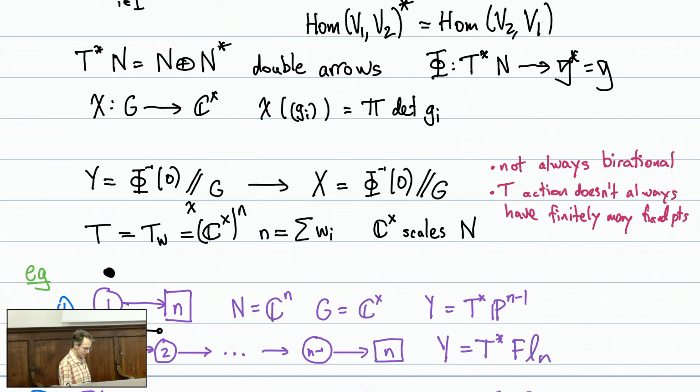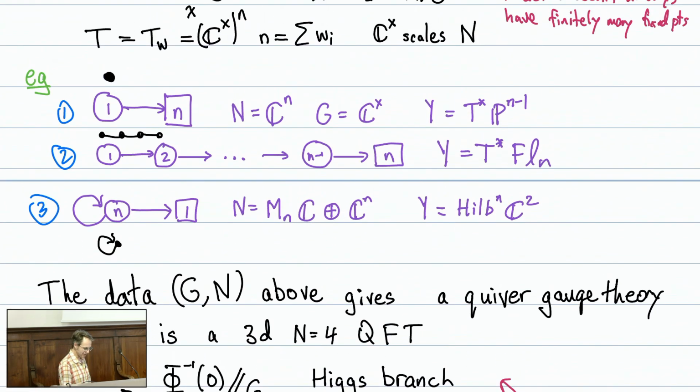People say this pair G, N gives a quiver gauge theory, which is an example of a 3D N equals 4 quantum field theory. So I don't know so much about what that means, but you can study such things more generally, but we're going to stick to this particular situation.